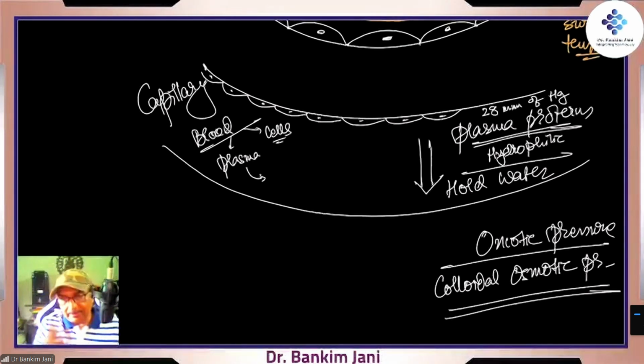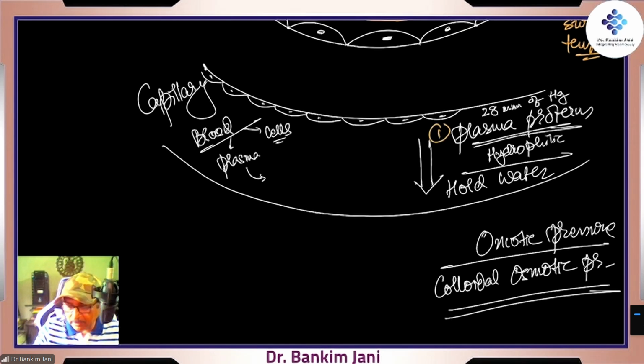Regarding these cells, RBC is okay, but WBCs normally are going through. There are platelets, right? They are also going. But we'll find what happens when there is a clot, when there is some infection, and then the whole sequence starts. Lots and lots of things start into this process.